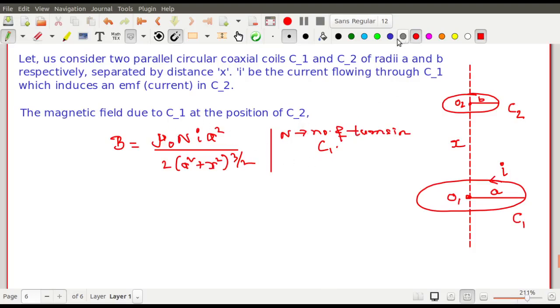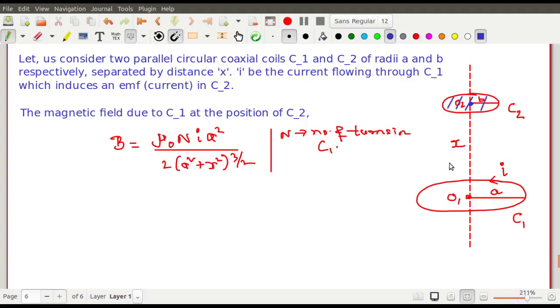Actually, this is the magnetic field only at this point, at a distance x from the center of the coil. You remember the treatment I have done from Biot-Savart's law, the magnetic field at the point P. So the expression that I have written is the magnetic field at this particular point only, not the entire cross section.